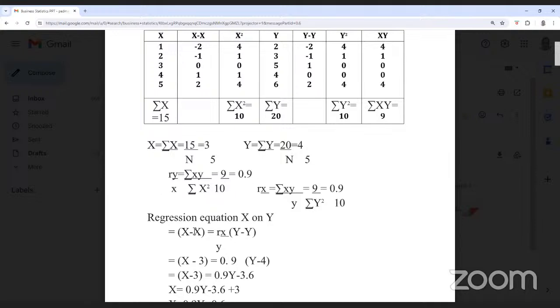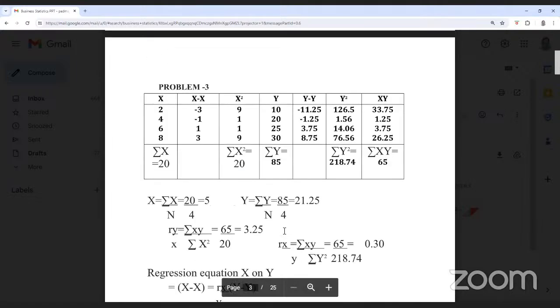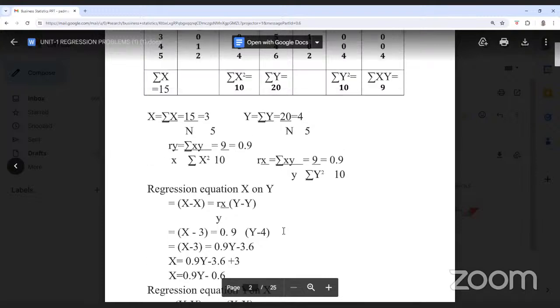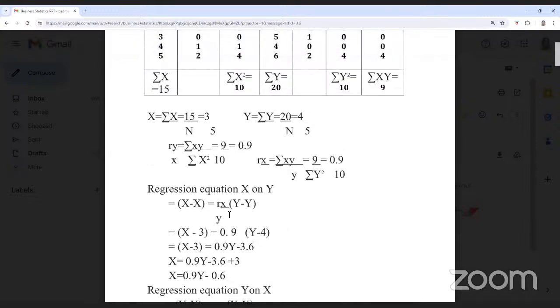That is, here see, regression equation x on y. So this one, standard deviation, that is r x by y. So this value you have to find out first. Okay. So I'm taking it as rx, that is standard x by y. I'll show you here. Rx by y.